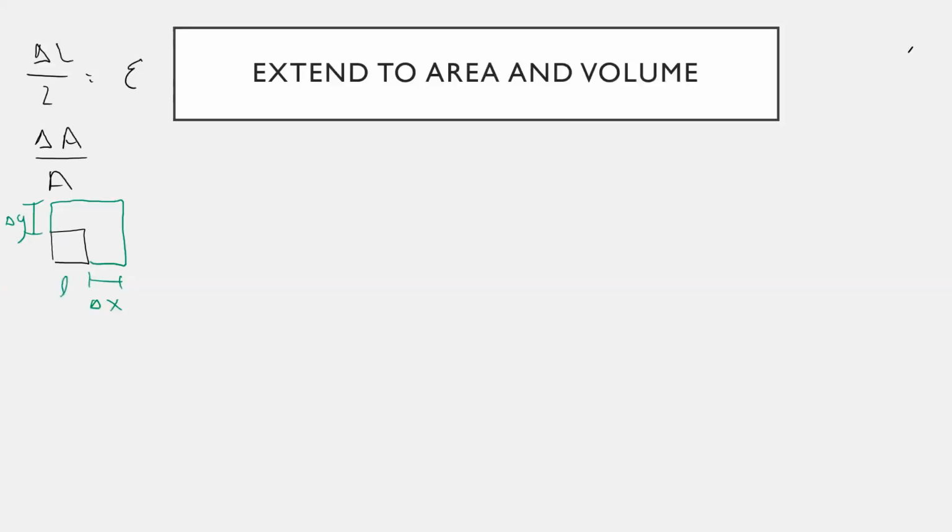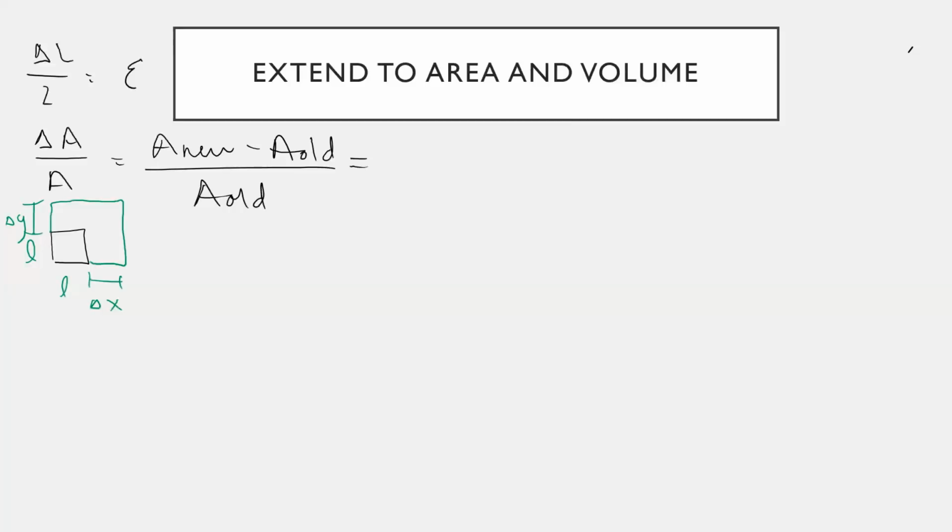And let's say it has an initial side L and L. We can calculate this change in area as our area new minus area old. I don't know why I used old instead of initial, but final area minus initial area divided by initial area.